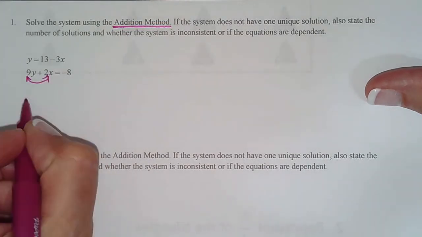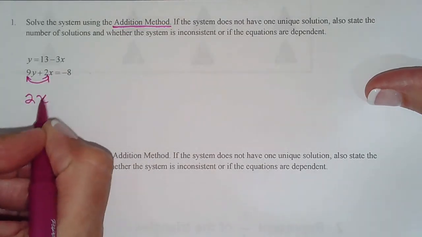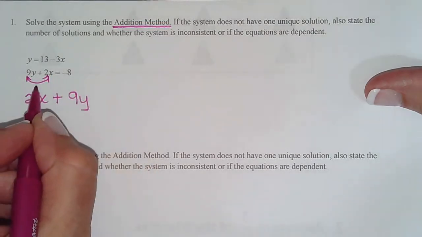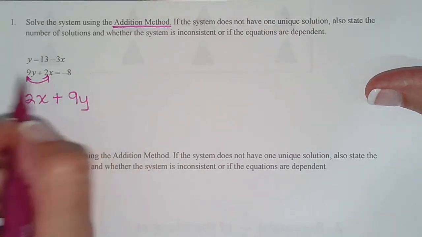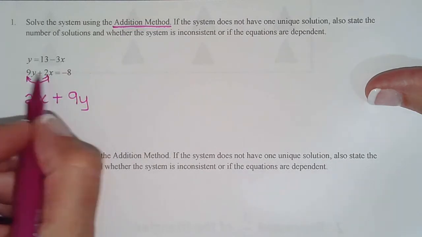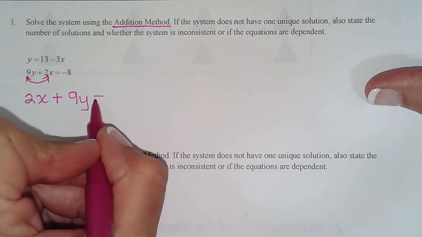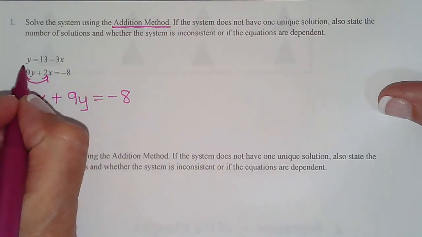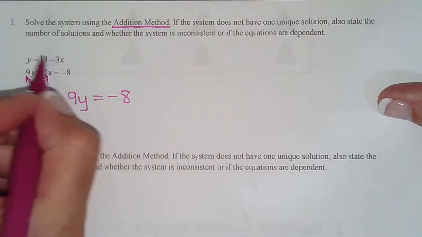All we have to do is switch those two around. So that'll be 2x plus 9y equals negative 8. The other one, we have to do a little bit more work because we need this x over there.